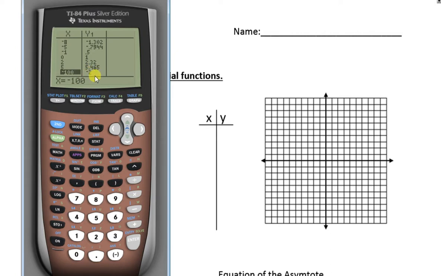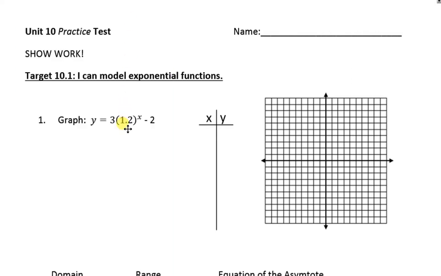Basically, negative 2 is going to be our horizontal asymptote, and our range of this function will never get below negative 2. The reason for that is this part of the function will never get below 0. If we put a negative exponent in, it's going to get smaller and smaller. We multiply it by a positive number, and it's going to stay above 0, and then we're going to subtract 2, so we're going to be a little bit above negative 2.